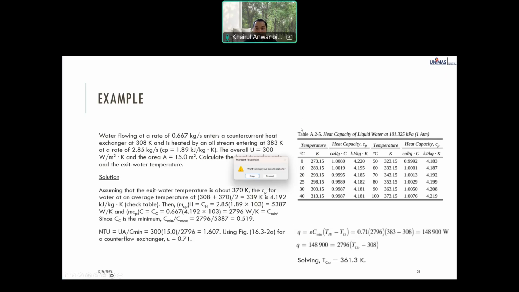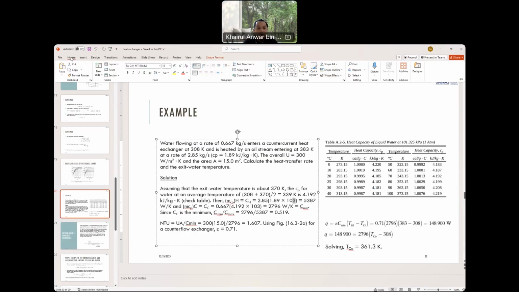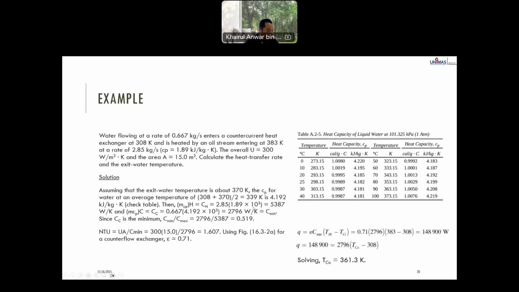Okay, there's some mistake. This one is actually like a single three. That's in the book.